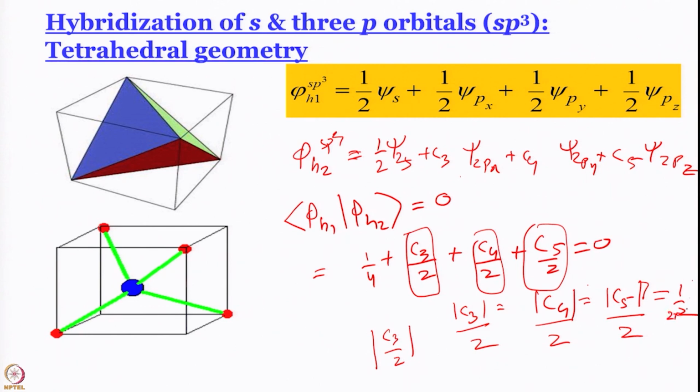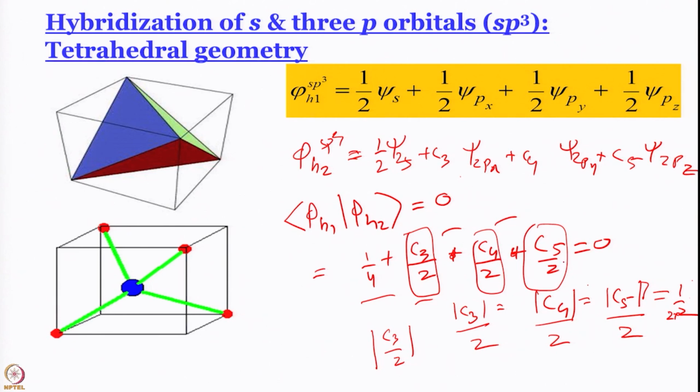So, is equal to 1 by 4. So, what I have here is that this is 1/4, this can be plus or minus 1/4, this can be plus or minus 1/4, this can be plus or minus 1/4. So, the only way in which this will be 0 is suppose I put in a minus sign here and a minus sign here, then I will get 0, right, 1/4 from here plus 1/4 from here, 1/4 from here, 1/4 from here, minus minus, that will be 0.